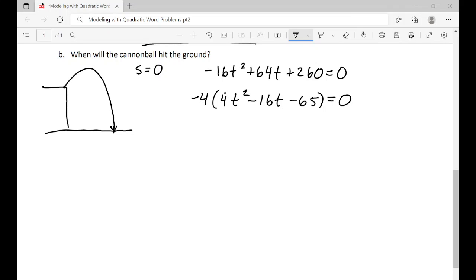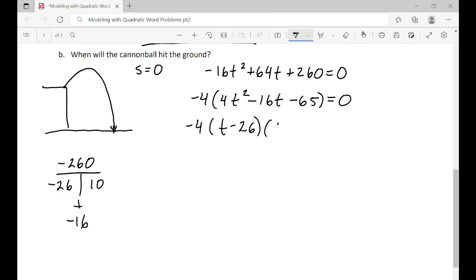And again, 4 times negative 65 is going to give me negative 260. And when I add them together, I get negative 16. And my two factors that will do this are going to be negative 26 and positive 10. So factored form, t minus 26, t plus 10.